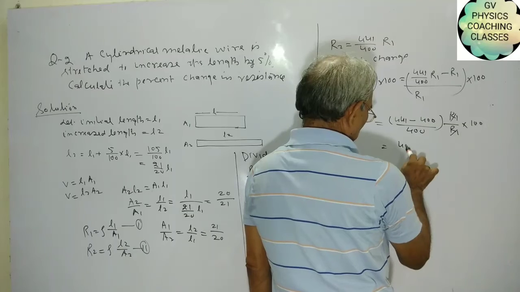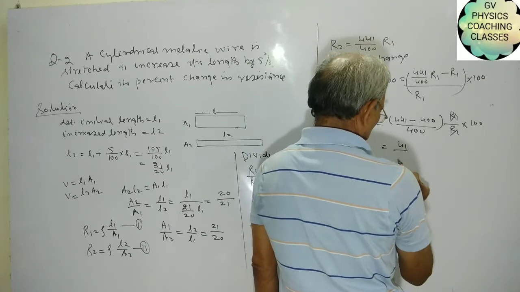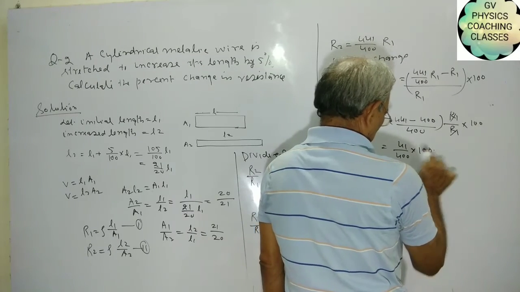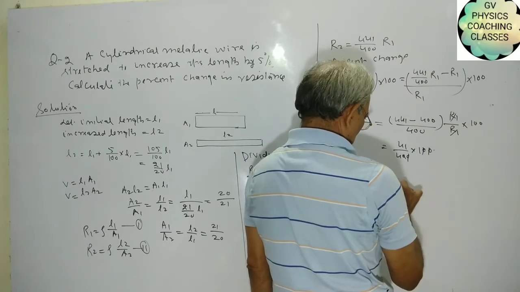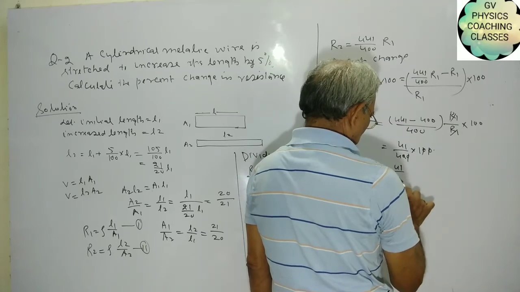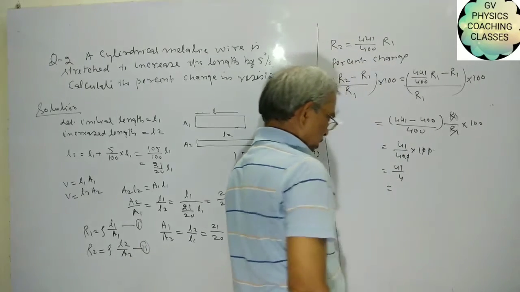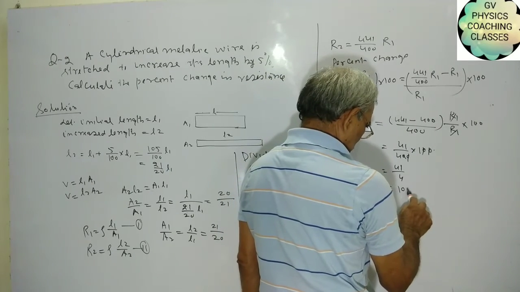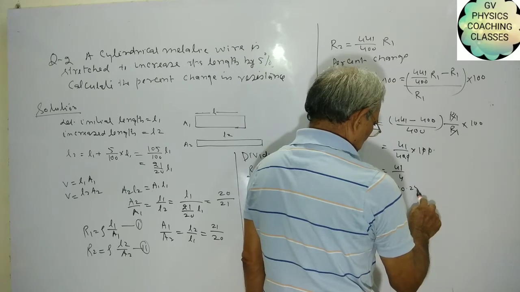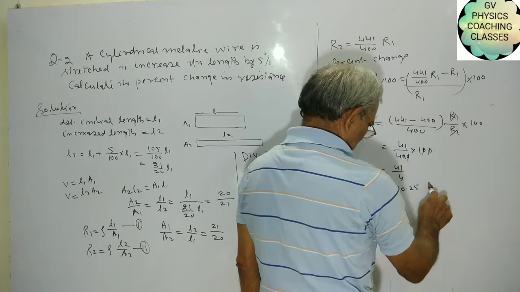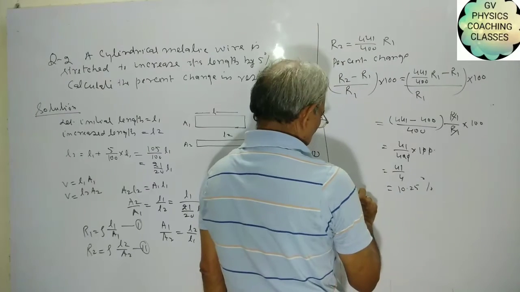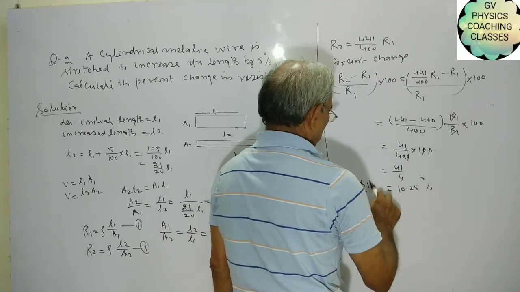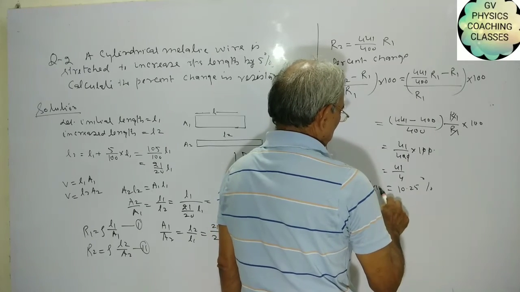It means 41 upon 400 into 100, which comes to about 10.25%.